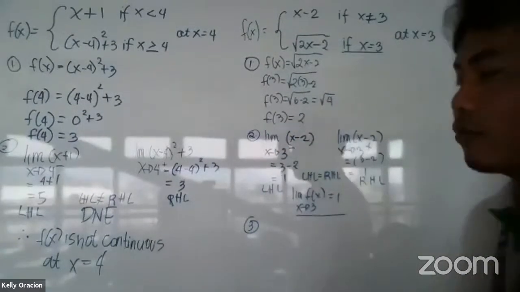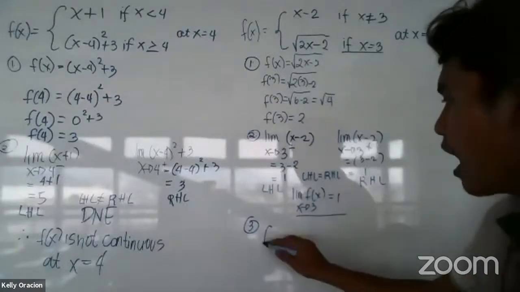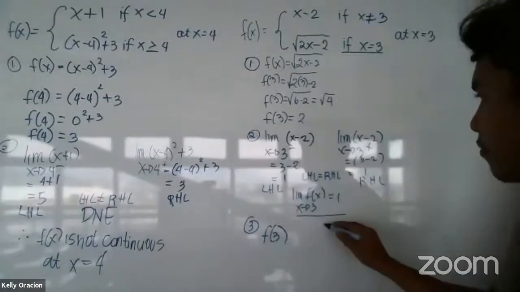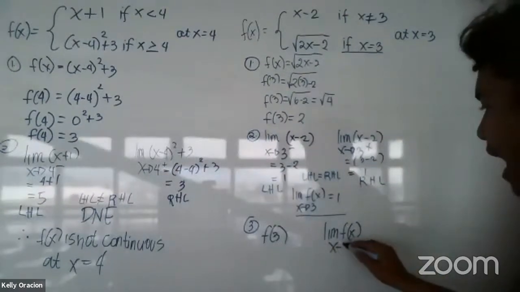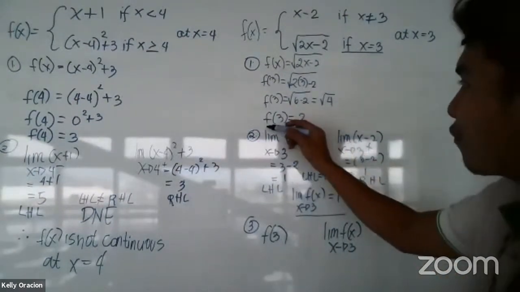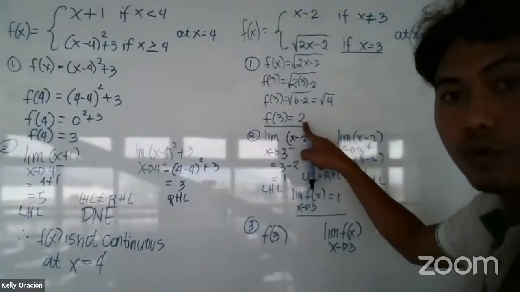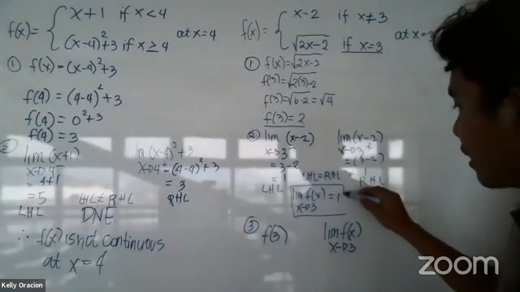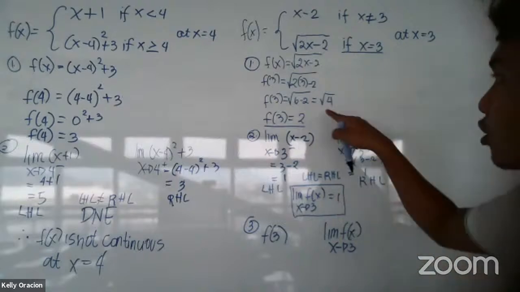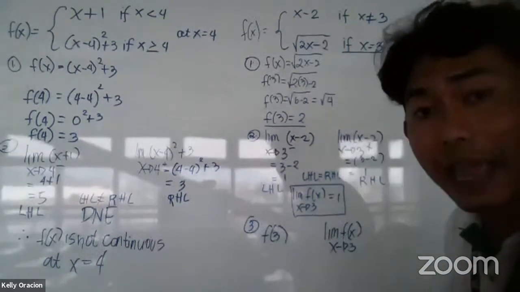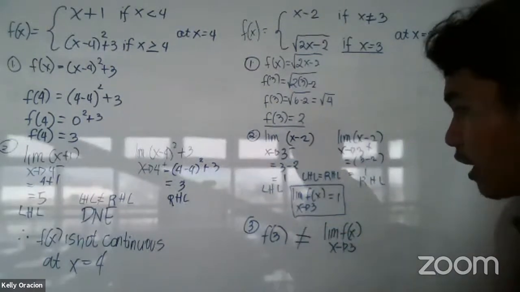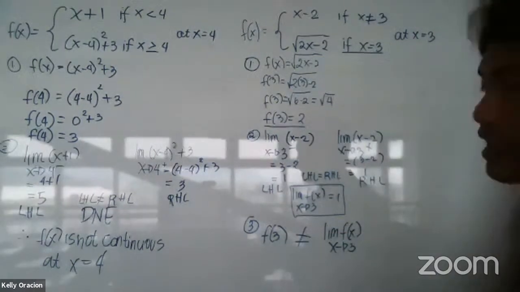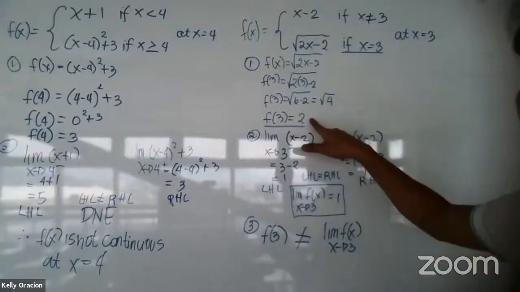And what is your third condition? The question: are they the same? Your f of 3 is 2. Your limit is 1. 2 and 1. They are not the same, they are not equal. Again, your f of 3 is 2.